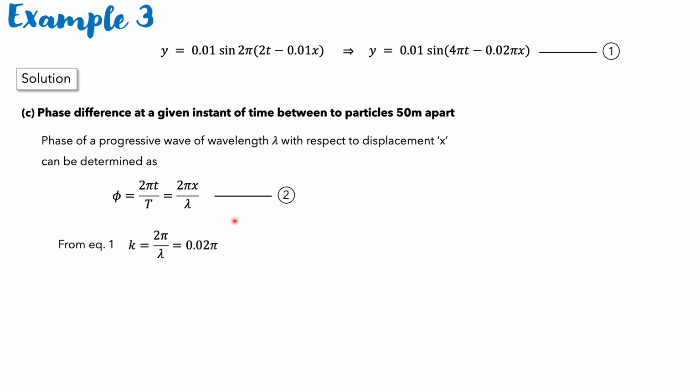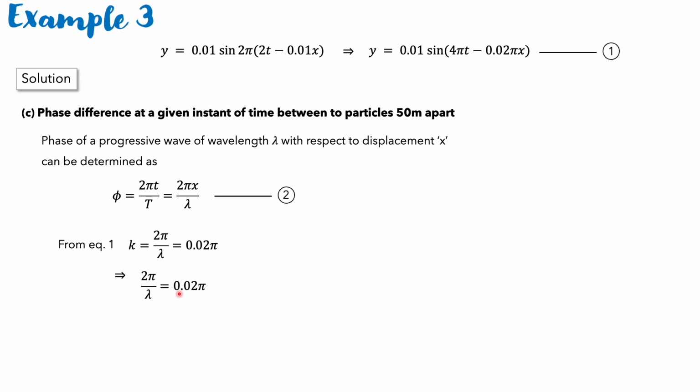Now we know that the wave number is represented as 2 pi over lambda, and from the given equation we know that k is equal to 0.02 pi. From here we can calculate the value of the wavelength that we need to put in equation number 2.